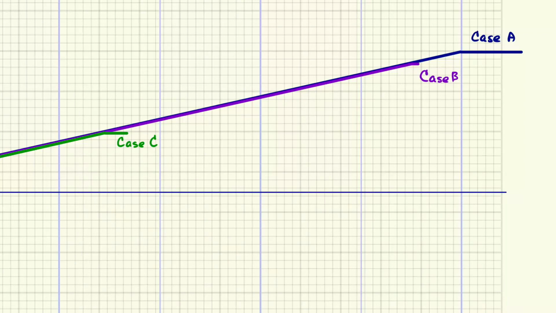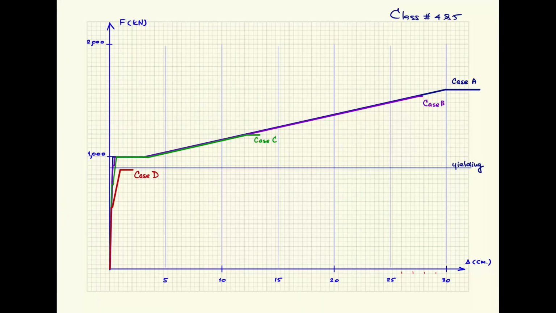This is the yielding. No ultimate. Okay. Next, for case B, you have both yielding and fracture. So let's see which case controls.